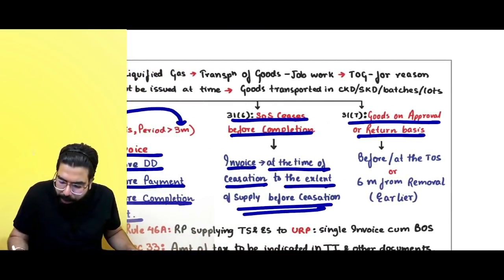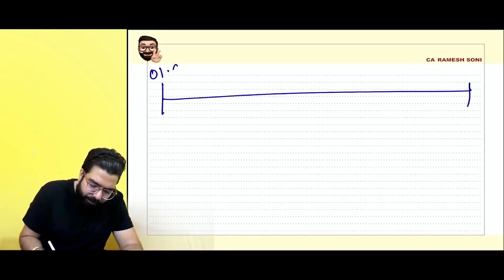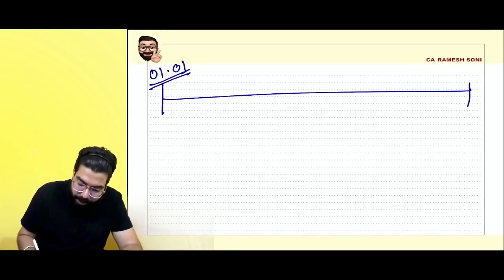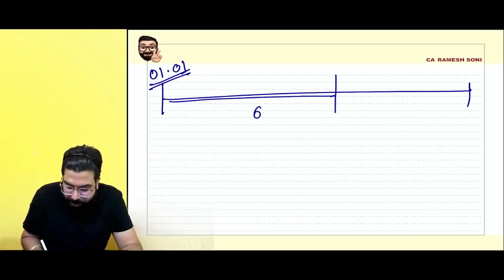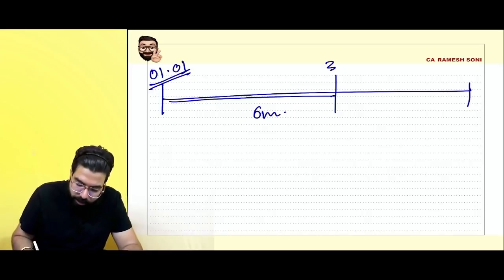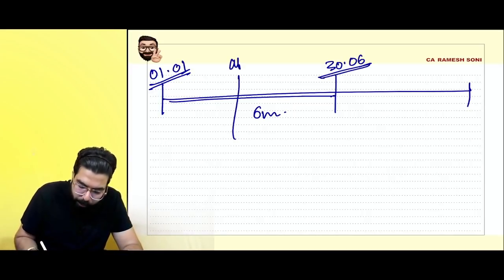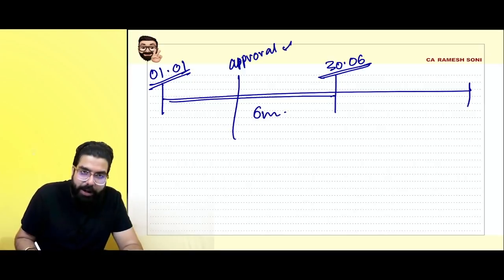Sir, goods sent on approval. They are telling, Ramesh, if you have sent, for example, on 1st of January, some goods on approval, then within 6 months you should get your approval. 6 months is the time limit. So by 30th June, you should get it. Supposing approval was given here, then here you should raise the invoice.